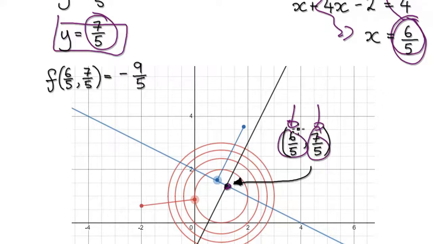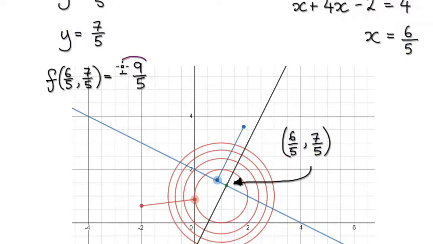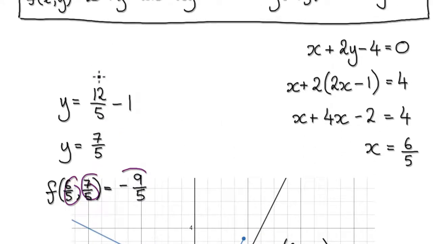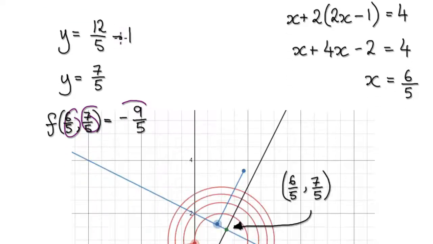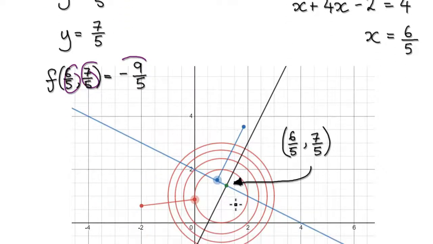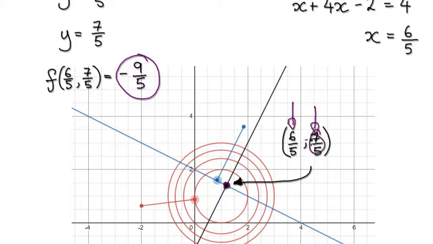And then if you want to know the elevation, put x and y into the original function. This was our original function, and then that will give us the elevation. So the elevation will be this, and the lowest value will occur when x equals this and y equals this. Okay.